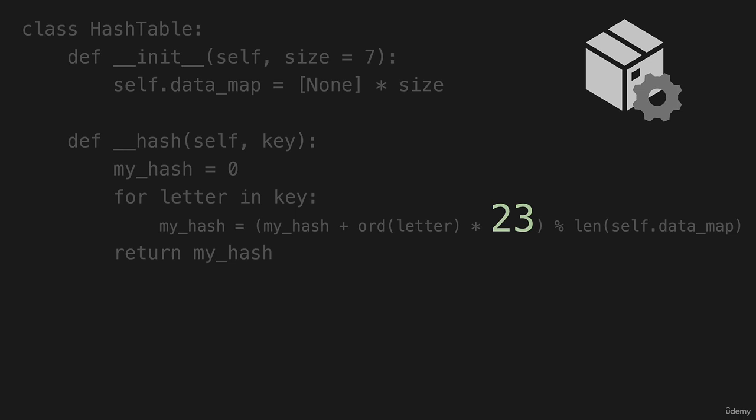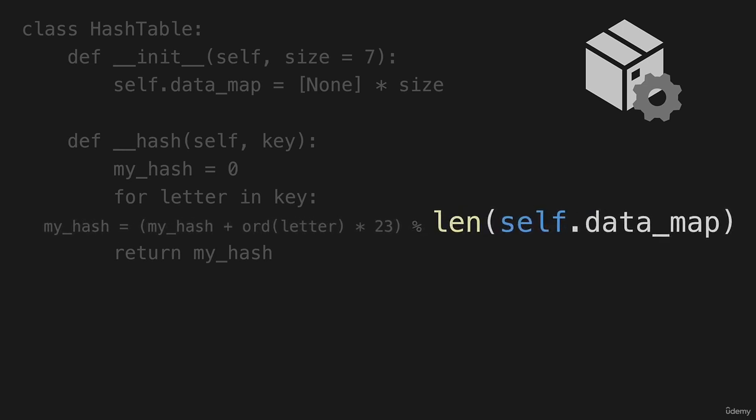And the real key to this is this modulo operator. If you haven't seen this before, modulo gives you the remainder when you divide. So if you do modulo with the length, remember the length is 7. If you divide any number by 7, the remainder is going to be anywhere from 0 to 6.